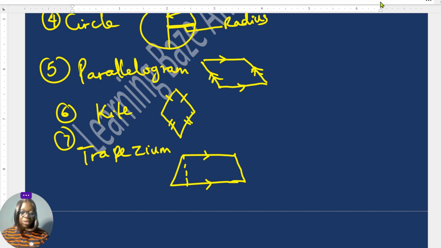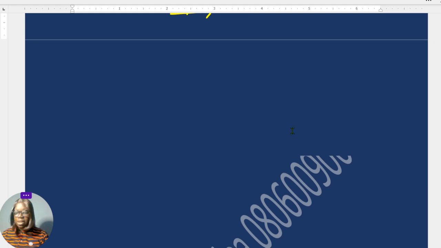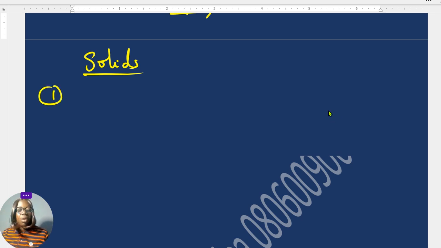Now, under geometry, we also have solid shapes. Most times in mathematics, we call them solids. Now, what are solids? Solids are also called three-dimensional shapes. An example of these solids is cube.